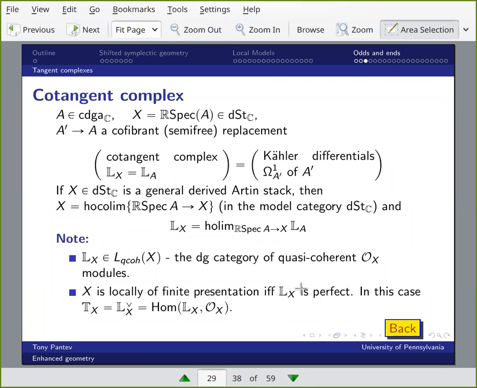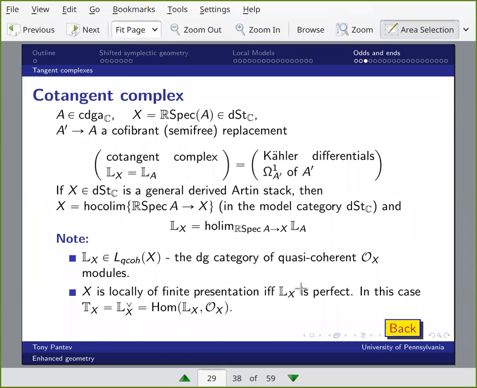This is like the analog of the usual notion of smoothness, where we say that a variety is smooth if its Kähler differentials are a vector bundle. It turns out that up to étale change of variables, it's the same as saying that locally it looks like a polynomial algebra.